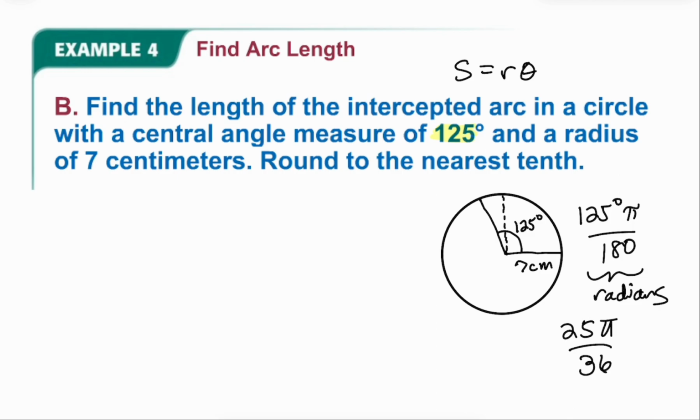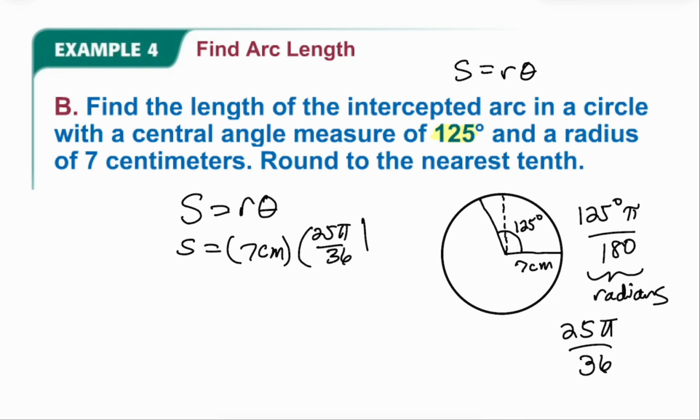Okay, so remember our formula. The arc length is R theta. So our radius is 7 centimeters. Our radian measure is 25 pi over 36. Now, because we are rounding to the nearest tenth and we are getting that exact answer, you can just put 125 pi over 180 in that spot. But let's do it. The exact answer would be 7 times 25, or 175 pi over 36.